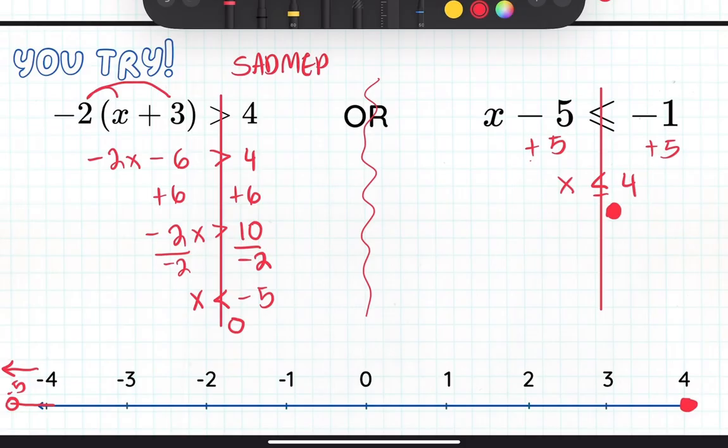Or x has to be less than or equal to 4, so we will place a line going this way. But that will stop at negative 5, since x cannot equal negative 5 because it is simply less than. We are going to stop our line right there, and then it will just continue after negative 5.